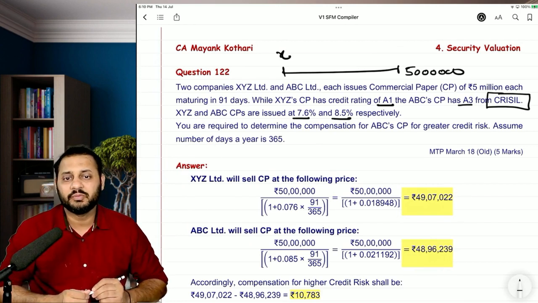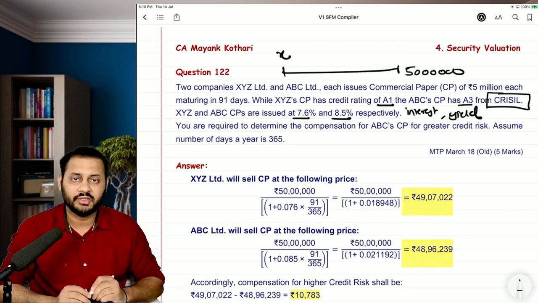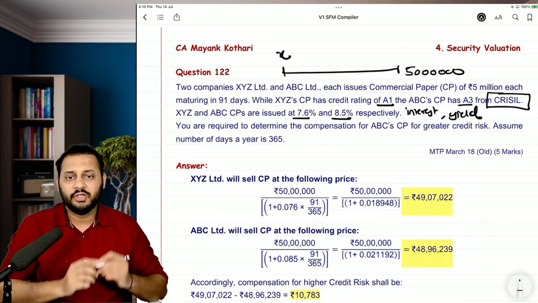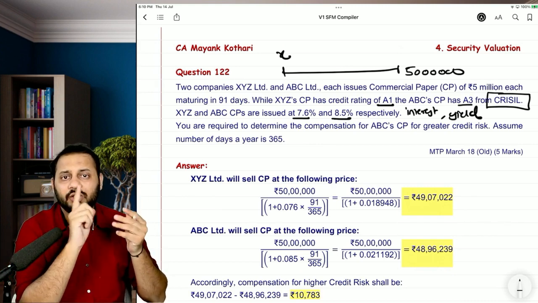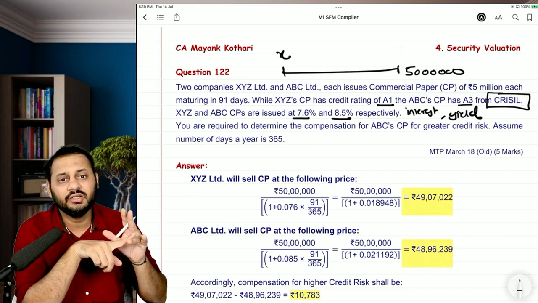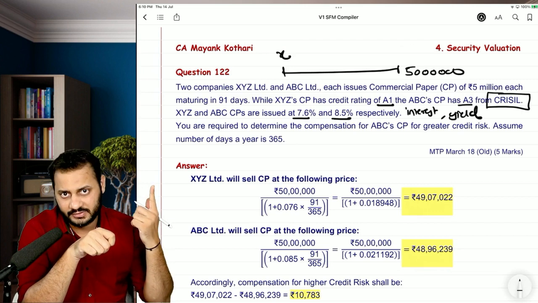Unless otherwise given, this will be termed as interest or yield, which will be included in 50 lakhs. And this is all for 91 days. First of all, you will convert those rates from 365 to 91 days, and then you will assume that percentage is already included in that 50 lakhs.